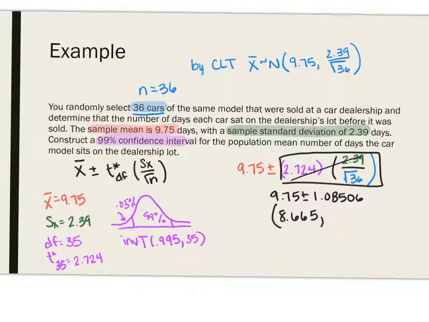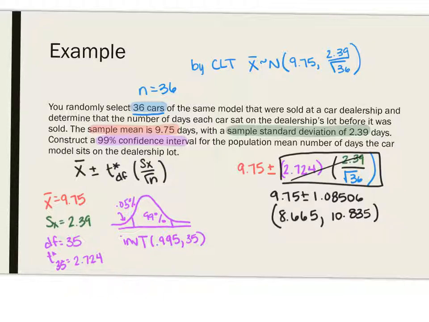Here's your lower limit. Your upper limit, you're going to do 9.75 plus 1.08506, and I get 10.835, which is the upper limit of this.